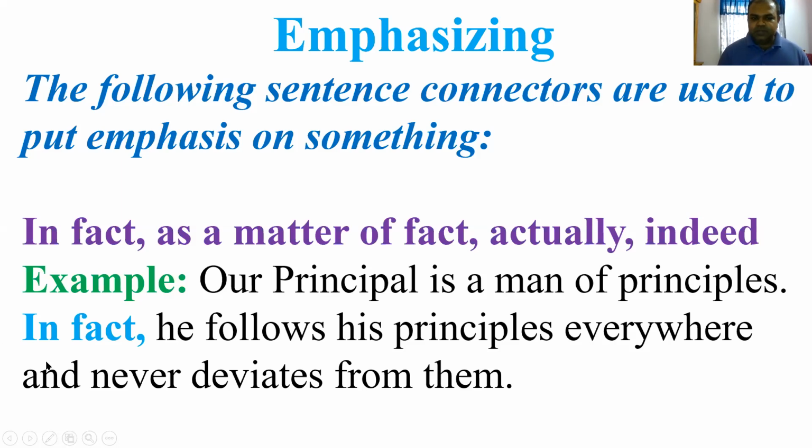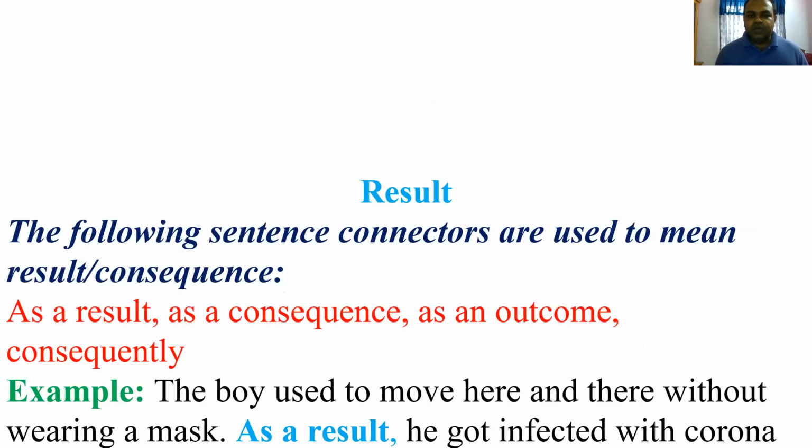In this example, we have used the sentence connector in fact to put emphasis on the fact that our principal maintains all his principles and a deviation is never seen in terms of maintaining his principles. So we have used the sentence connector in fact to put importance on the fact that our principal sticks to his principles. Let us now move on to the next slide.